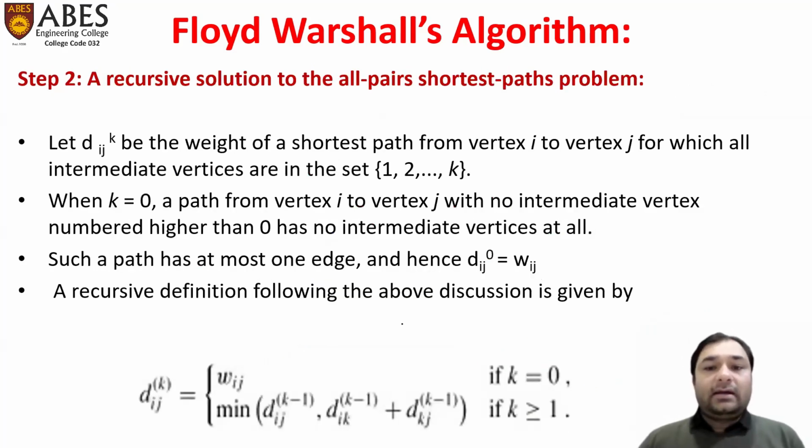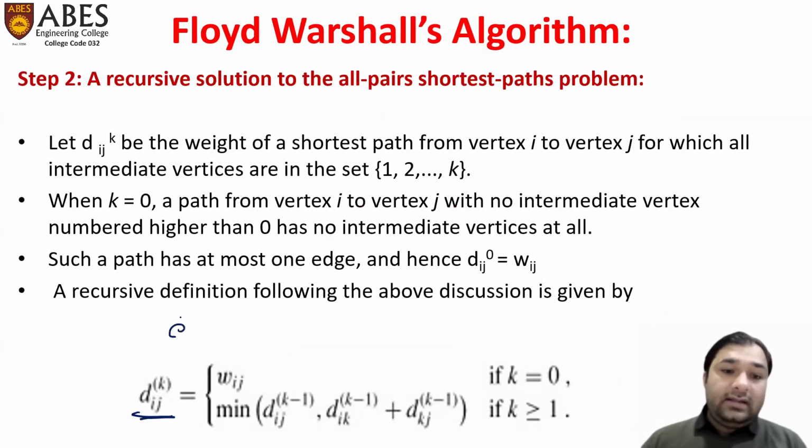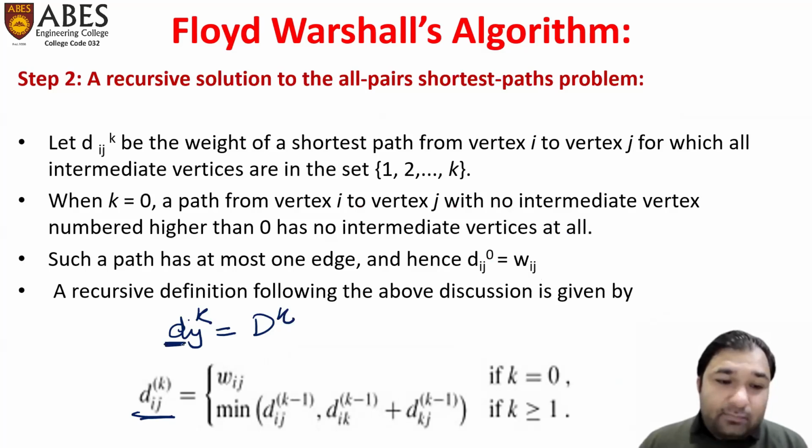Now, this is the recursive formulation, that is d_ij^k. Now, what is d_ij^k? This is the shortest path weight, the distance from vertex I to vertex J with the help of intermediate vertices up to K.